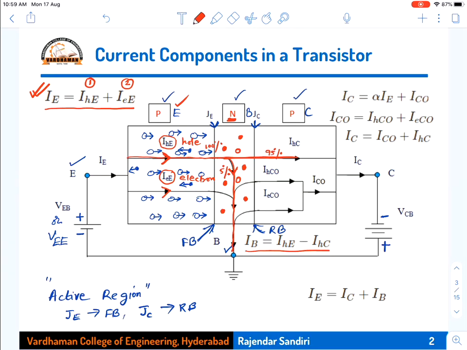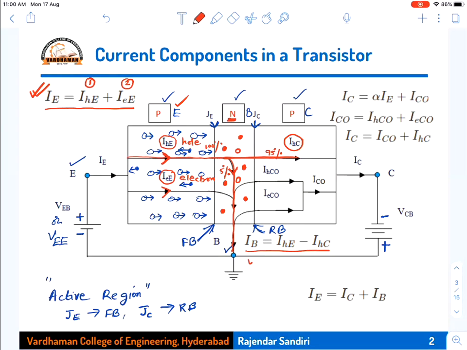So 5% of current is equal to 100% current minus 95% current. 100% current is IHE, and 95% of the current flowing into the collector region due to holes is IHC. If you subtract these two, we get the current flowing into the base region by the equation IB equals IHE minus IHC.